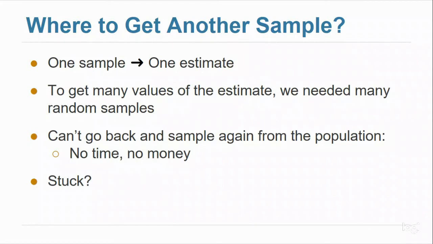The problem is that it's very expensive to go out and resample the whole population. It can be expensive. It can also take a lot of time. So how can we get an estimate of the variability of the sample without having to go back and sample from the population again?